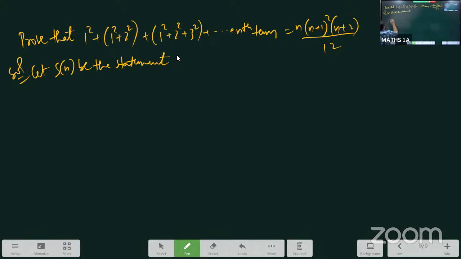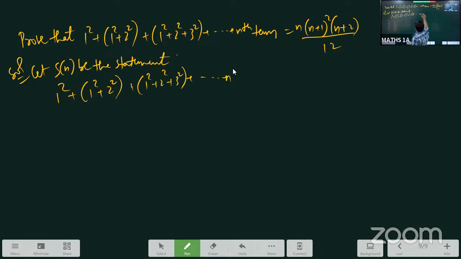What is that statement? 1 square, first term this is. 1 square plus 2 square, second term. 1 square plus 2 square plus 3 square plus so on up to n terms. That is n into n plus 1 whole square, n plus 2 by 12.